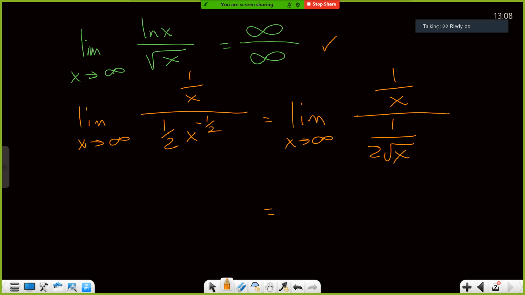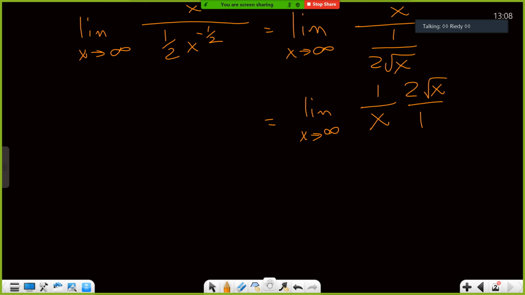Okay, so this becomes the limit as x approaches infinity of 1 over x times 2 over the square root of x over 1, which becomes the limit as x approaches infinity of 2.